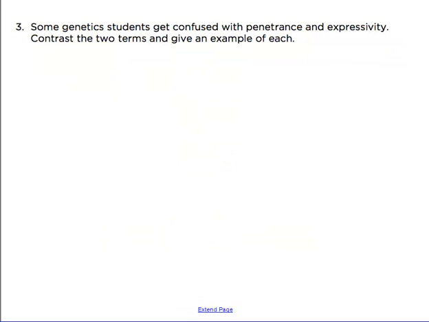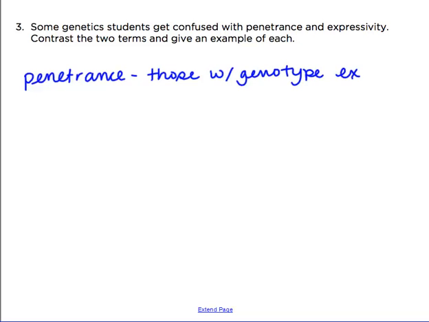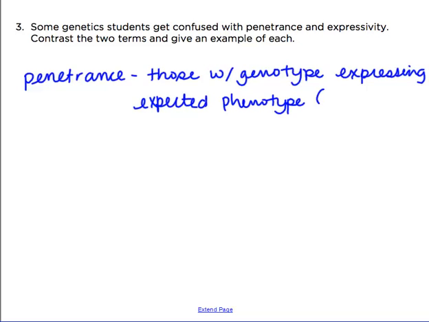Question 3. Some genetics students get confused with penetrance and expressivity. Contrast the two terms and give an example of each. So penetrance. This term means the percentage of those with a genotype that actually express the expected phenotype, and this is usually given as a percentage.